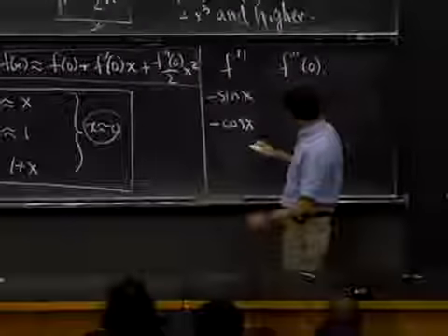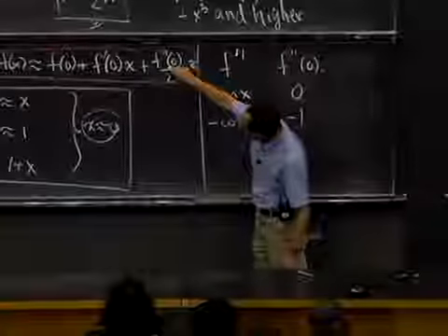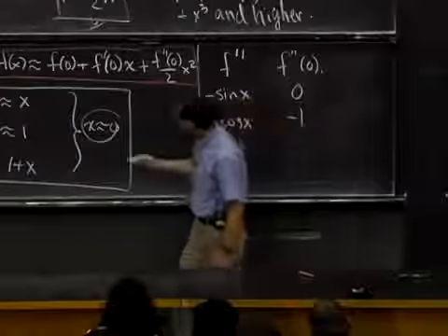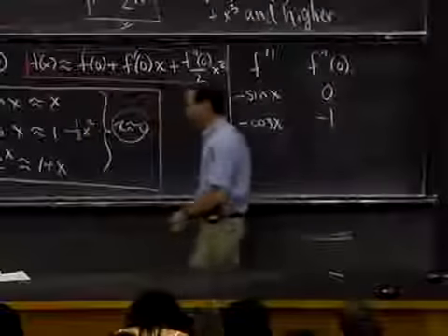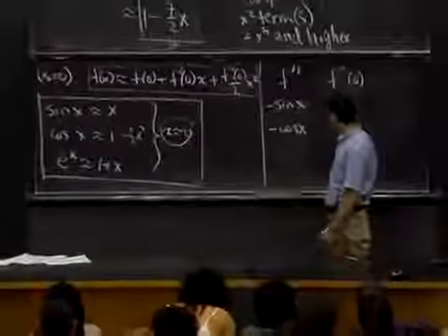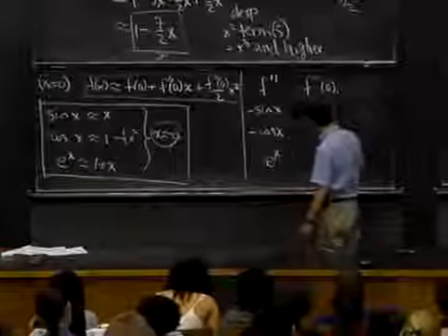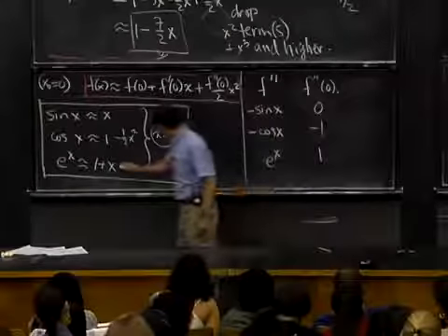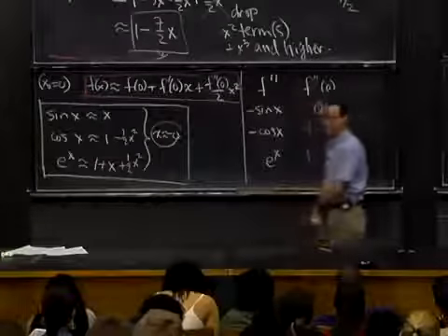And so the term that I have to plug in here, this negative 1, is the coefficient that appears right here. So I need a minus a half x squared extra. All right? And if you do it for the e to the x, you get an e to the x, and you get a 1. And so you get a plus a half x squared here. All right?